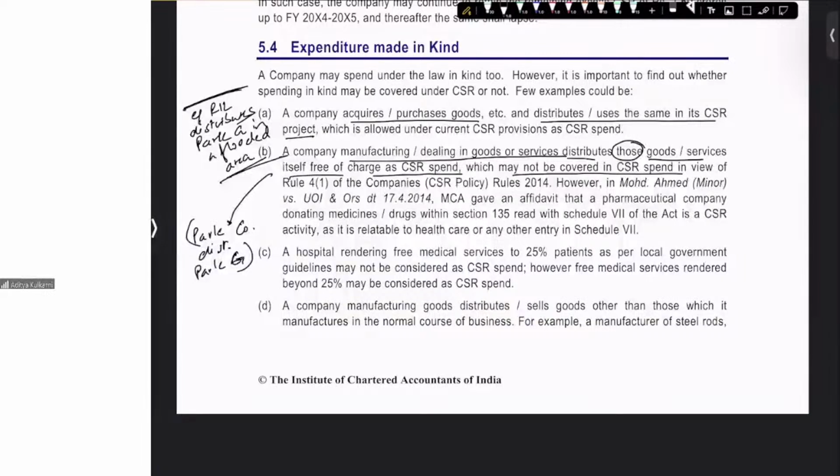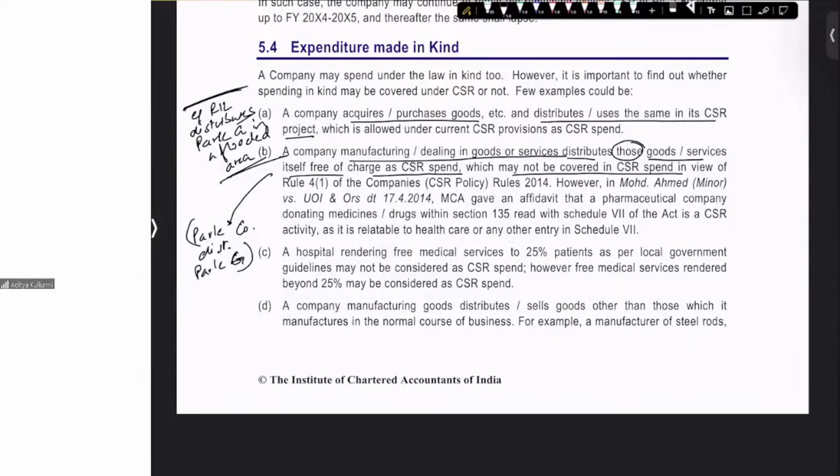Answer is no. Why no? Because this can amount to a brand promotion activity. And that is why the guidelines say that a company manufacturing and distributing its own product cannot be a CSR spend. Company purchases other product and distributes it, it is a CSR spend. खुद का product distribute कर रहा है, it is not a CSR spend.